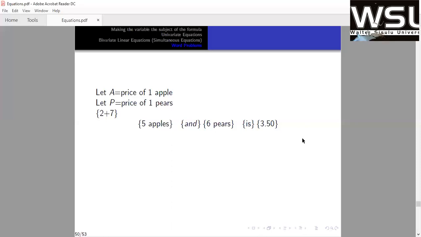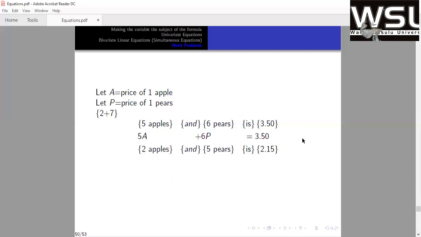Mathematically, this is 5 apples, and the price of apples is A, and, if you remember the vocabulary that we did, "and" goes with plus, 6 pears, and P goes with pears, "is" is the equality sign, and 3.50 is that.